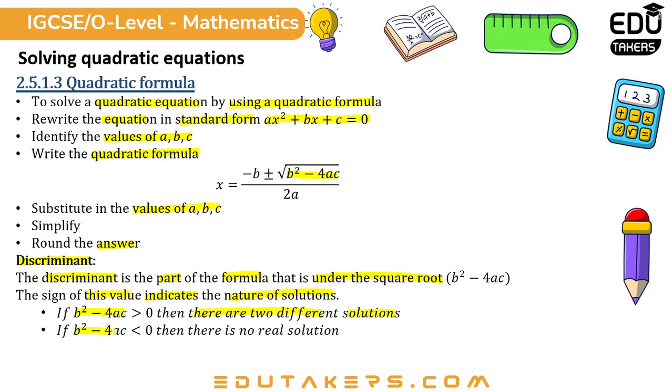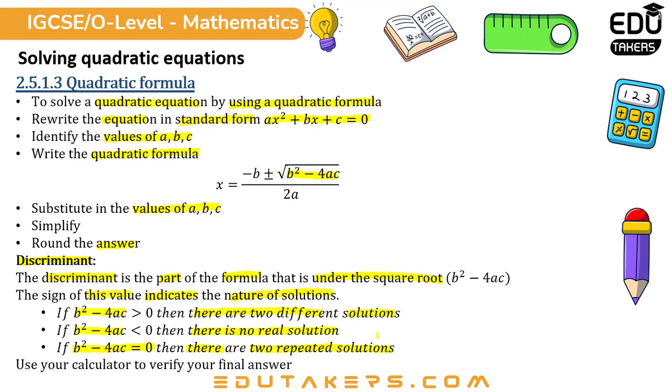If b² − 4ac is negative, then there is no real solution. If b² − 4ac is equal to 0, then there are two repeated solutions. Use your calculator to verify your final answer.